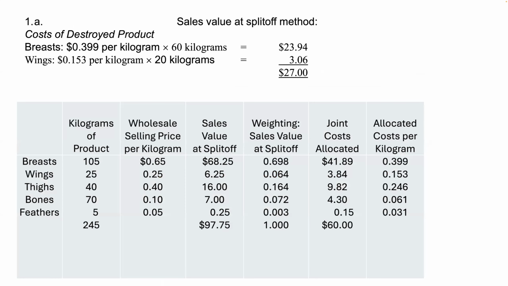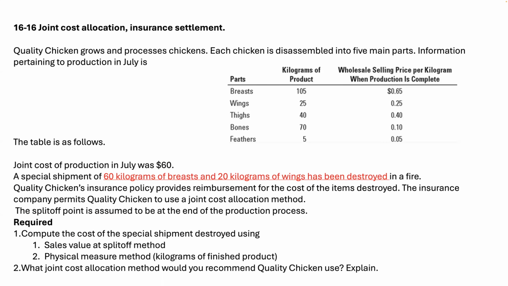So I'm going to reimburse you, but I want to know what is that cost? What is that number? So the question here is the company permits this corporation to use a joint cost allocation method. The split off point is assumed to be at the end of the production process.